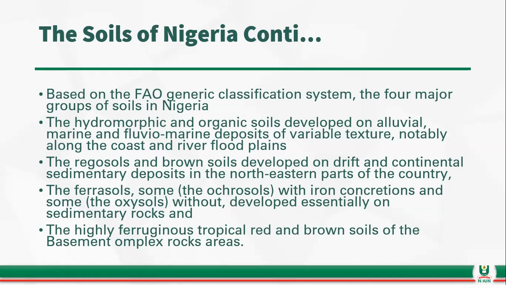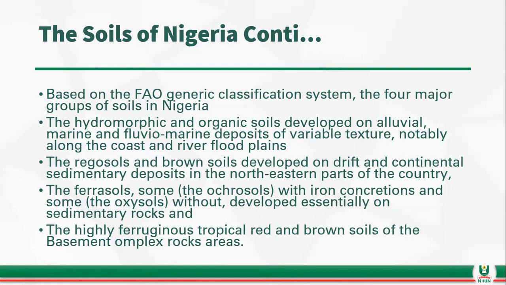Now, we also have the regosols and brown soils that are developed on the drift and continental sedimentary deposits in the northeastern part of the country. We have the ferrosols, the ochre soils, which have iron concretion, and some oxysols that do not have.